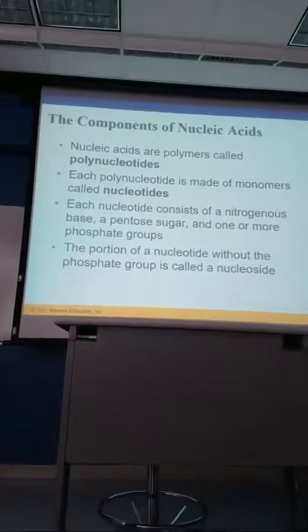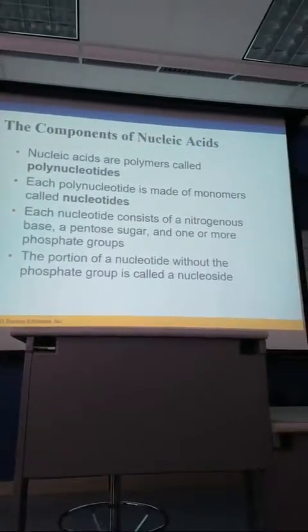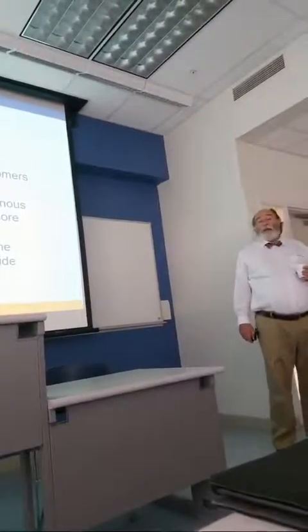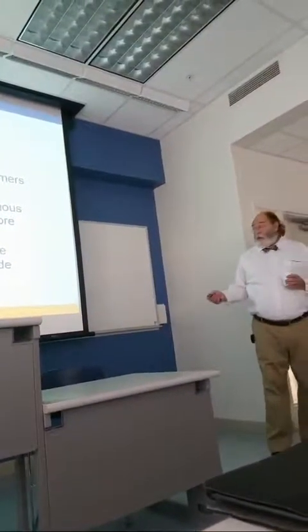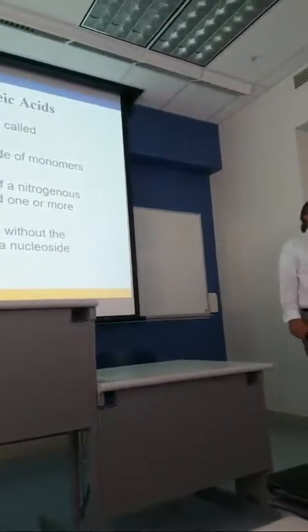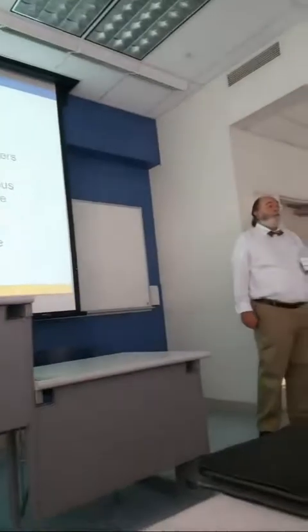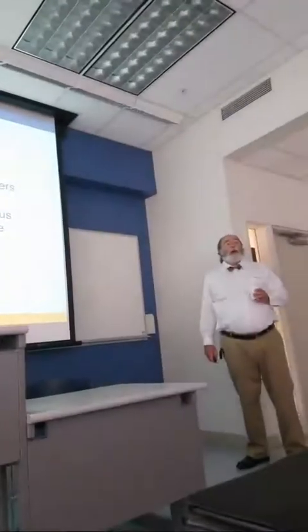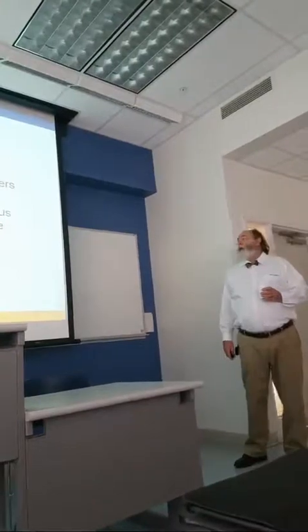Now, when it's just adenine, for example, it's just called a nitrogen base. When you add these sugars and the phosphate groups to it, then we change the name to a nucleotide. And you'll get to see later, if it doesn't have the phosphate group, there's even another name. It's called a nucleoside. But we'll get into that later.